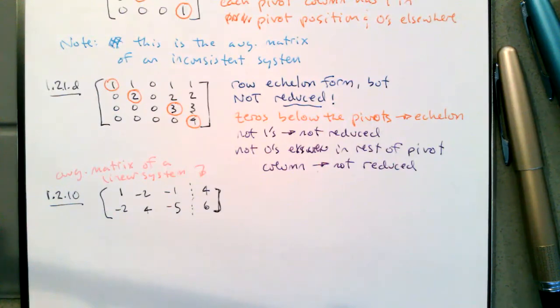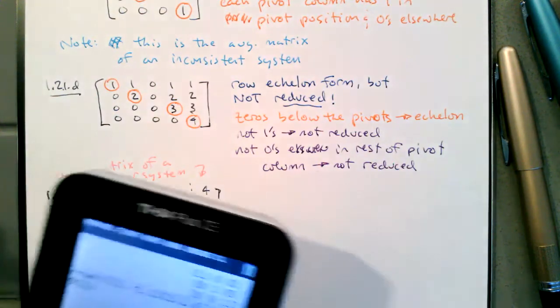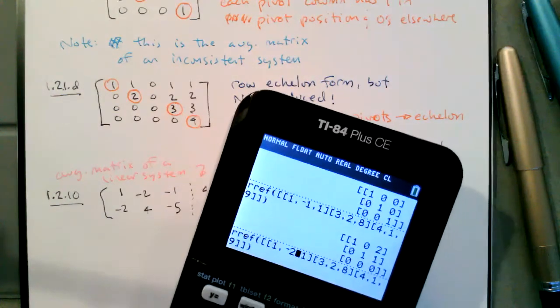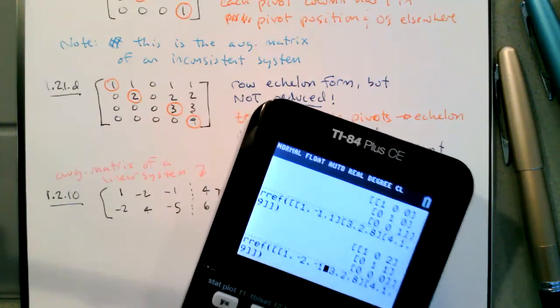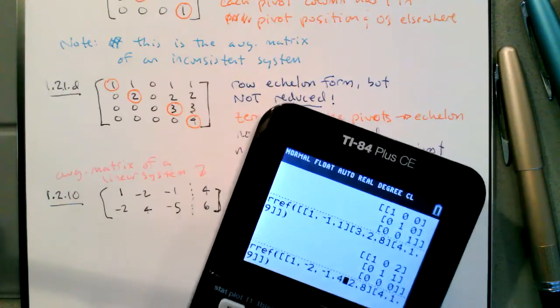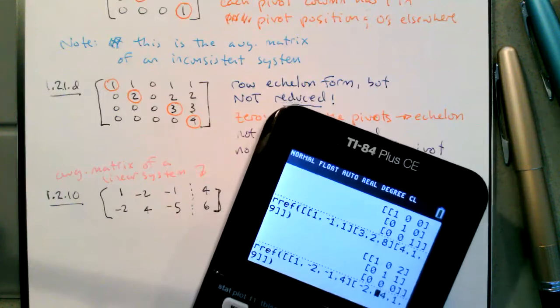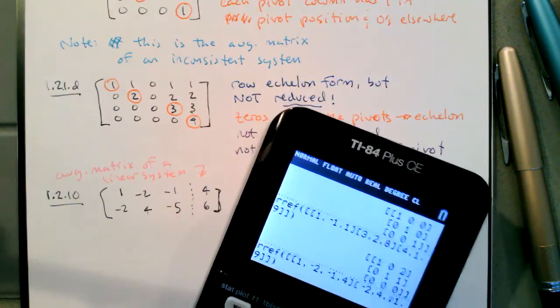Our best way to find the reduced row echelon form is to just think about it and use our incredible abilities to compute things in our mind without having to use technology of any kind.